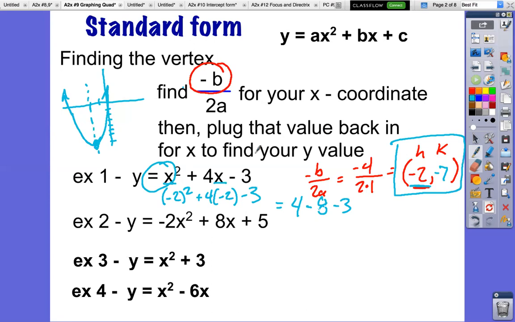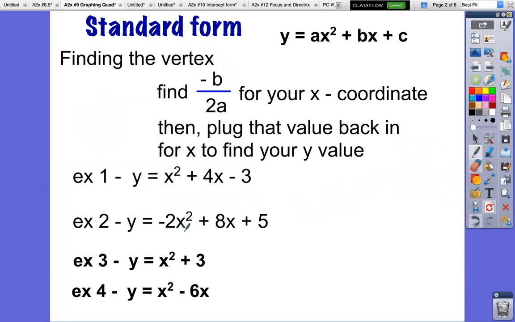Now, I'm going to do number 2 with you. Number 2, what is my A value, my B value, and your C value? A is, B is, C is. What's A? -2. Your B value is? 8.